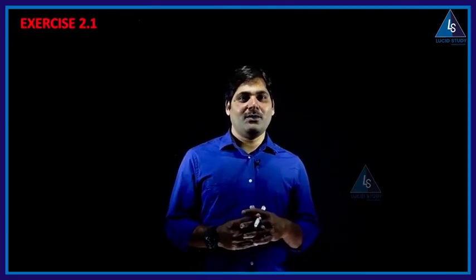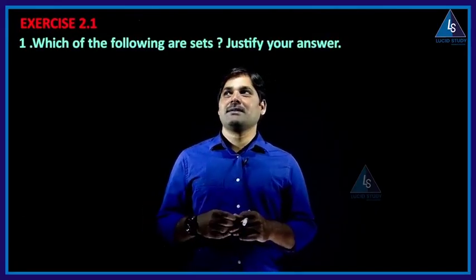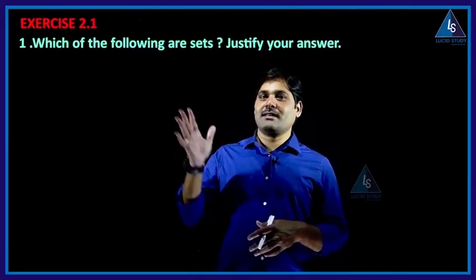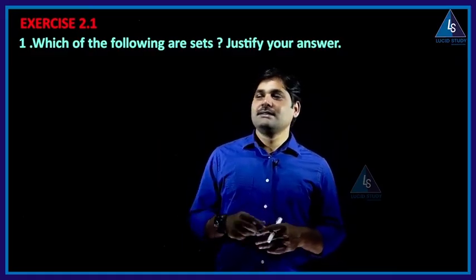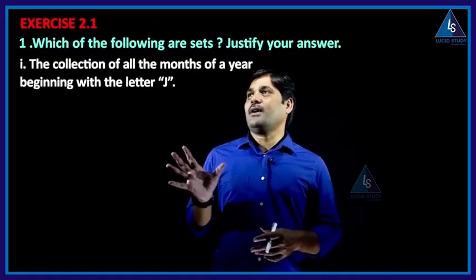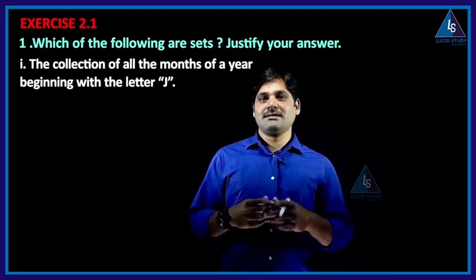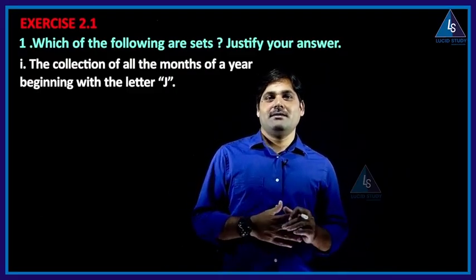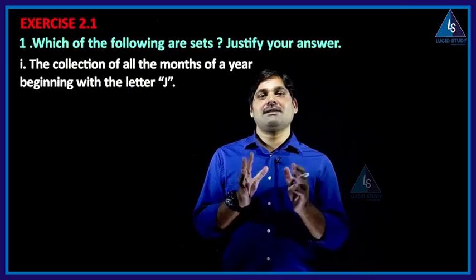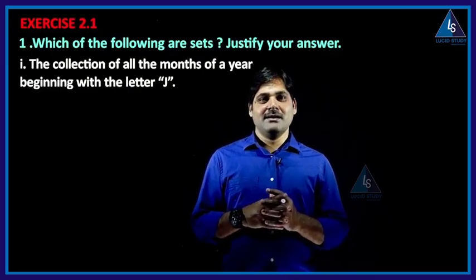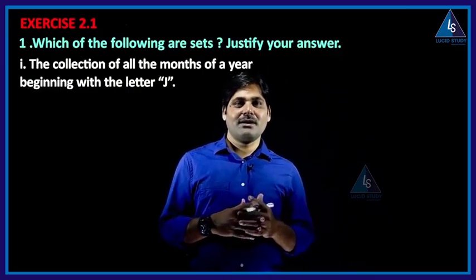Okay, now let us discuss exercise 2.1. See the first question here. We need to tell whether they are sets or not. See the first one, the collection of all the months which are starting with the letter J. So in a year, the months which are starting with the letter J, will it make a set or not? It will make a set.